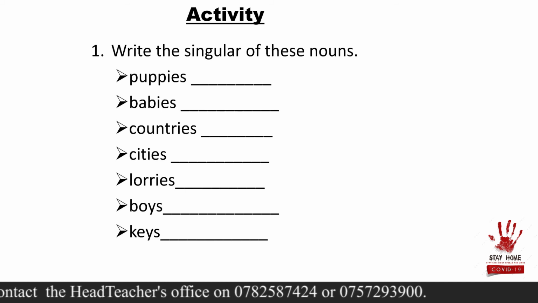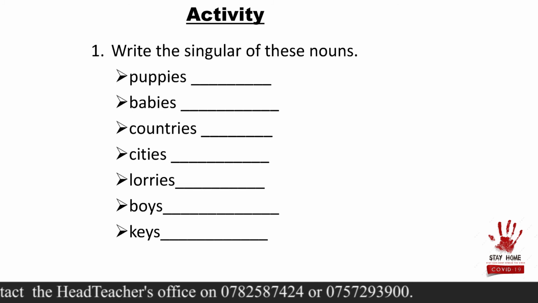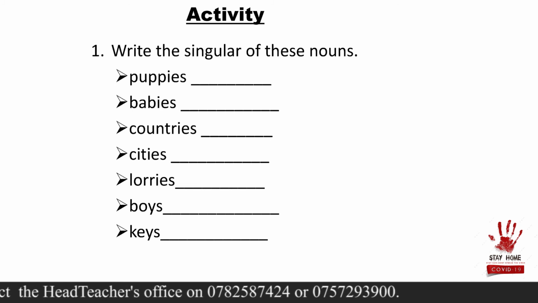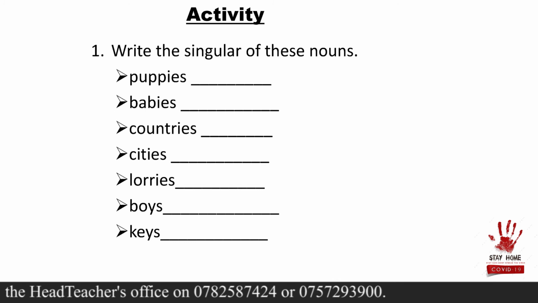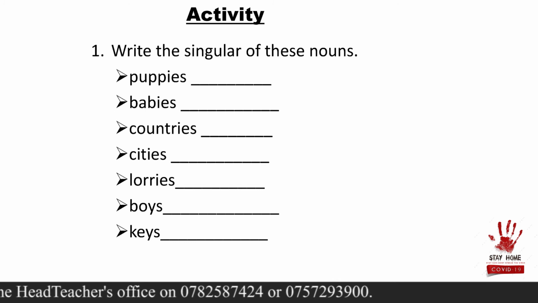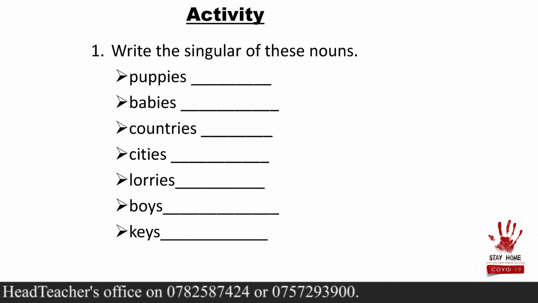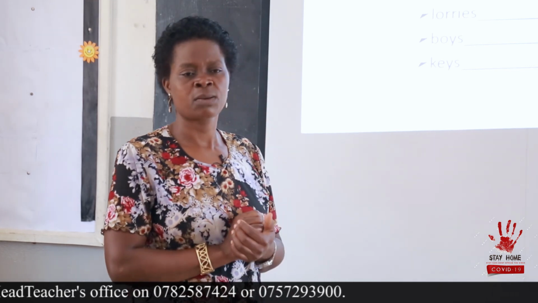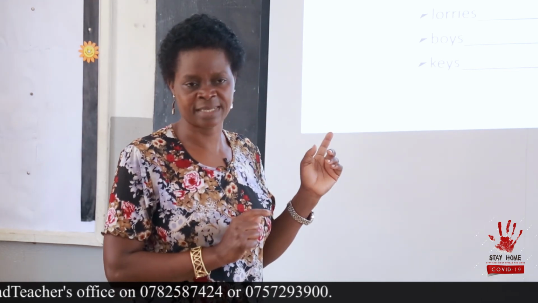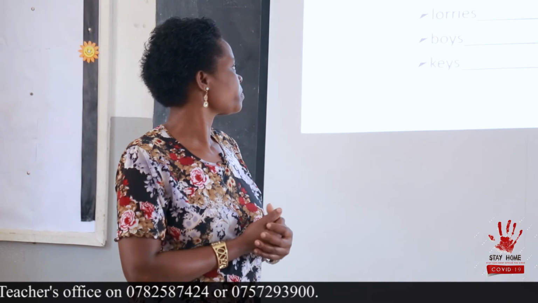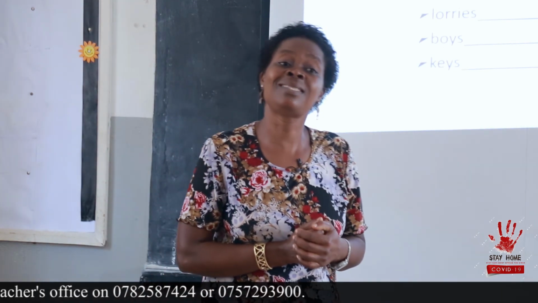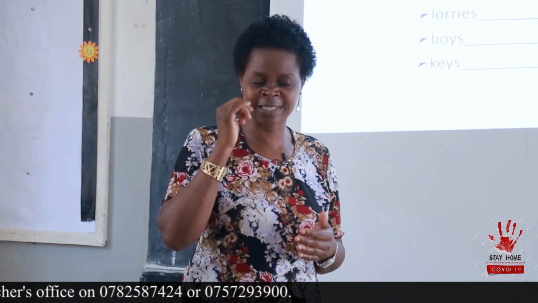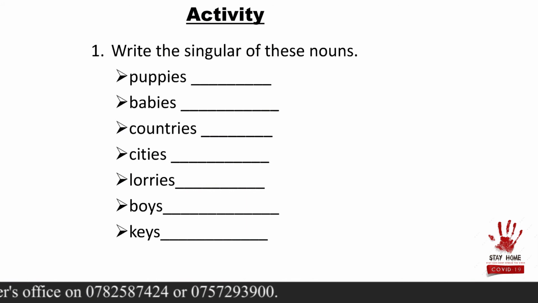Then I have countries. Can you say countries? Countries, when there are many. Get for me the singular of that noun, countries. Then we have cities. Write for me the singular form of cities. If it is one, what will you write for me?